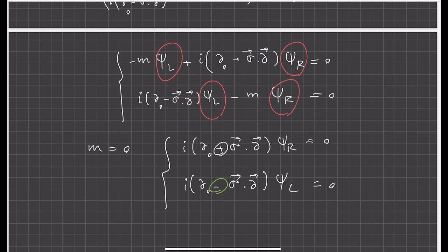And that's how right-handedness and left-handedness are separated from each other. If there is no mass, there is no way that you can take a right-handed particle into a left-handed particle. That's the case, for example, for photons or for gluons, particles that don't have mass, those gauge fields that don't have mass.